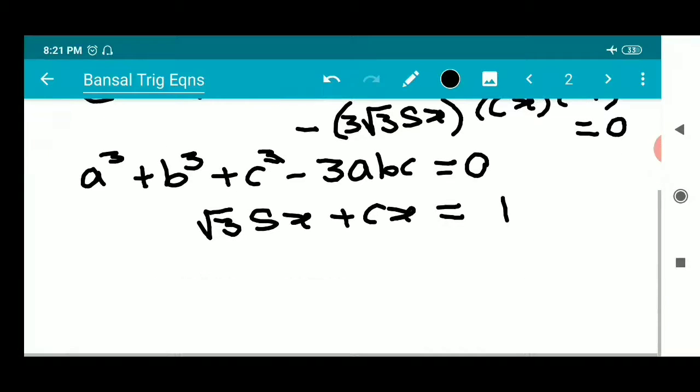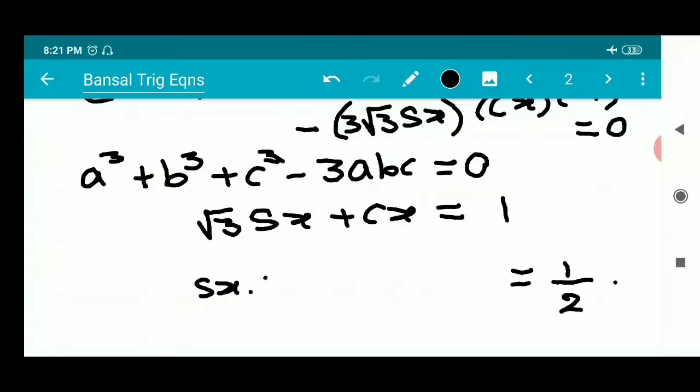So to get the general solution, I am dividing with root 2. Sorry, I am dividing with 2. Okay, that is 1 by 2, root 3 by 2. So root 3 by 2 is nothing but sin 60, I can write. So I am writing sin x into sin pi by 3 plus cos x into cos pi by 3.